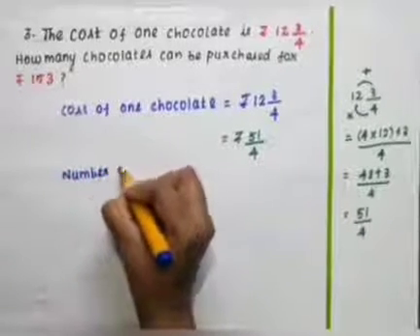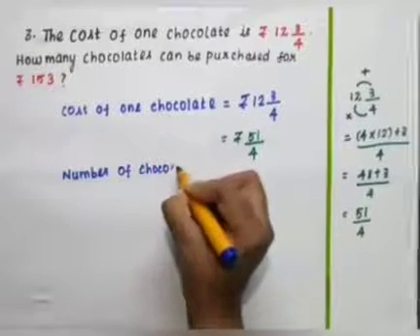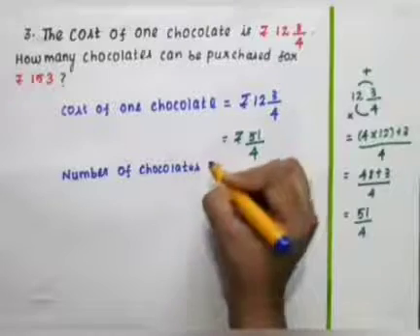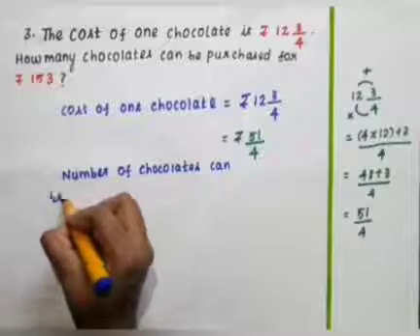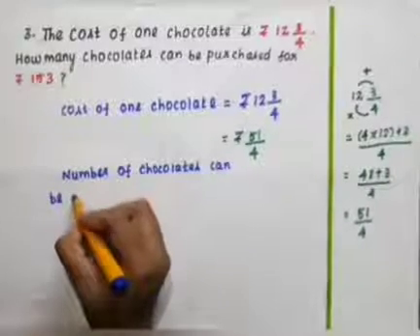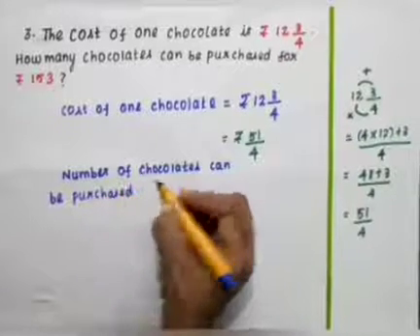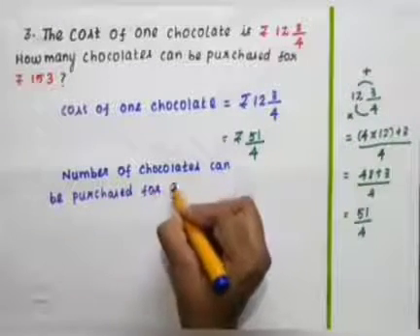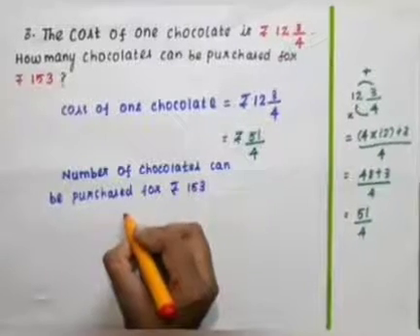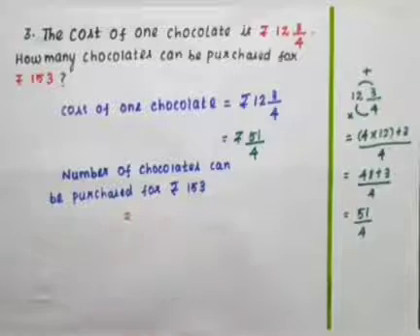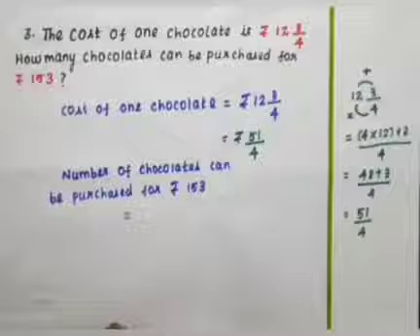The number of chocolates that can be purchased for rupees 153 is equal to, from the total cost, we have to divide the cost of one chocolate.